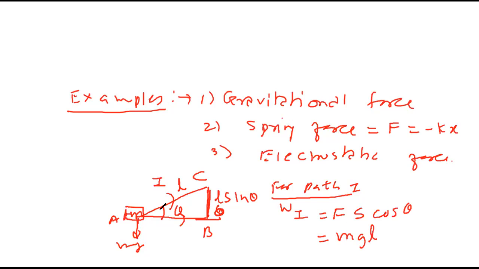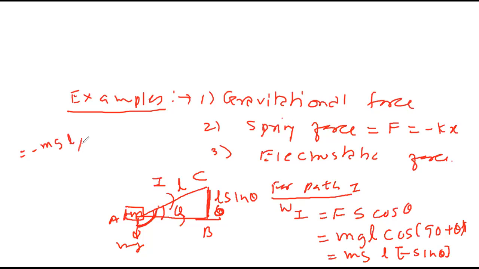F is downward, S is along L. This angle total, can I say it is 90 plus theta? Yes, sir. So that will become mgL cos of 90 plus theta, and cos 90 plus theta is minus sin theta. That means it is minus mgL sin theta if it is taken from A to C, path 1.